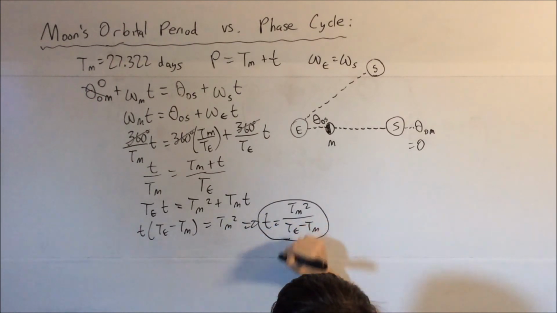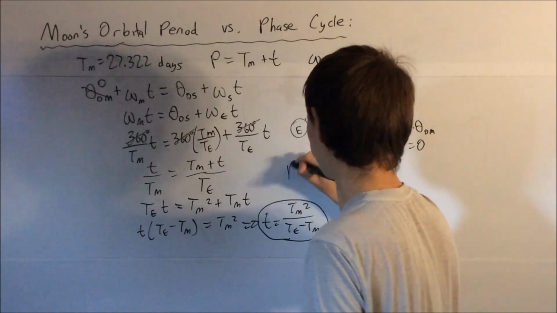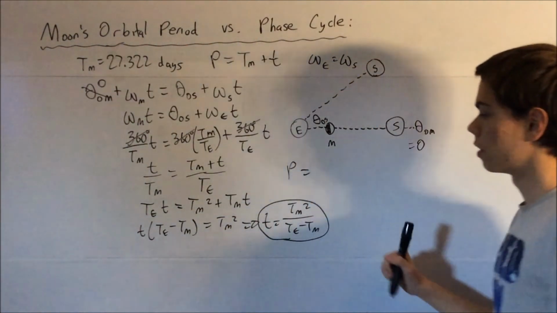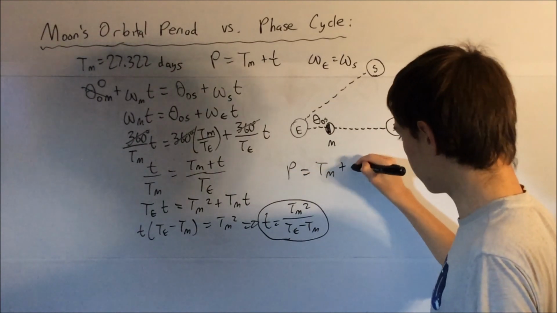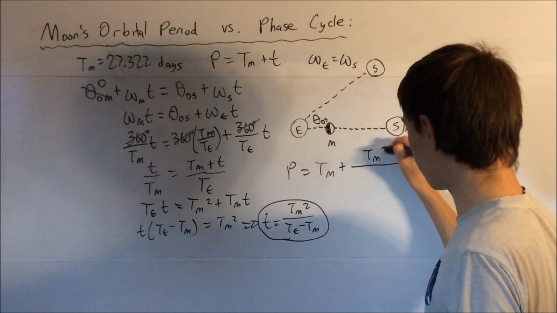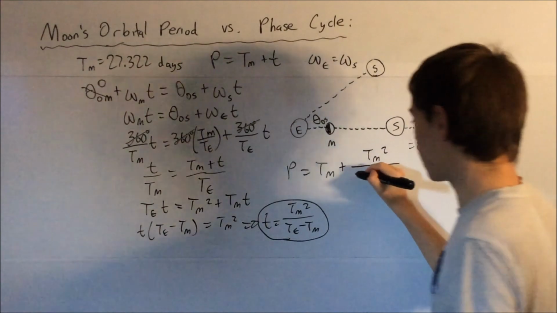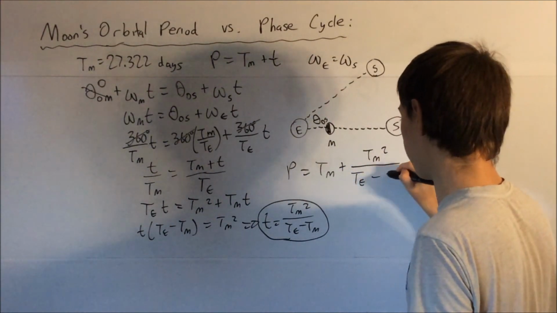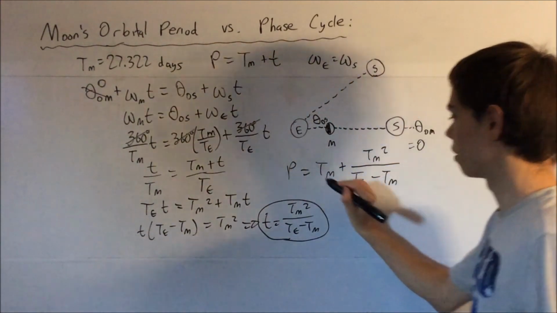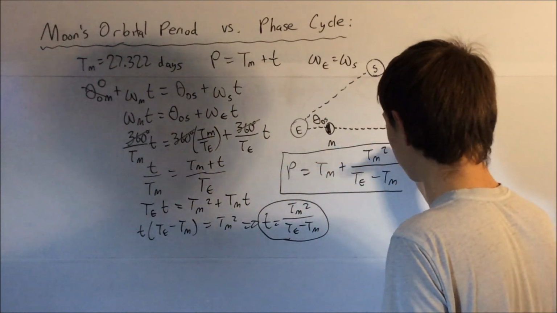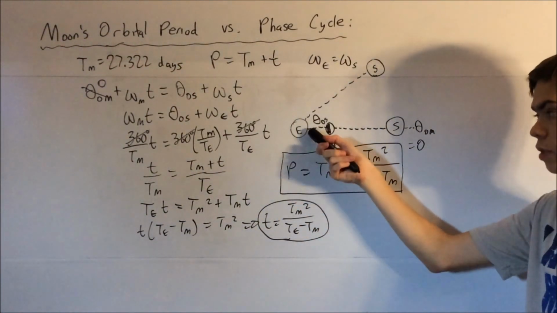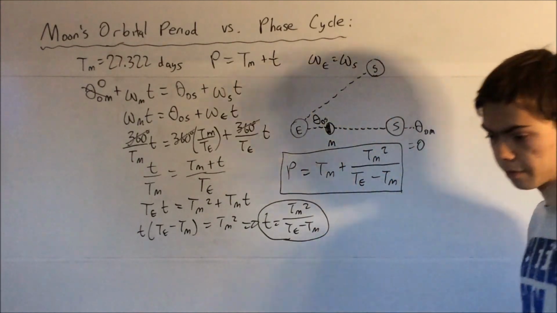Knowing this, I can say that the phase cycle of the moon is equal to the orbital period of the moon plus the orbital period of the moon squared divided by the orbital period of the Earth minus the orbital period of the moon. So this is basically how we figure that out, and this works for any planet and any of its moons, basically.